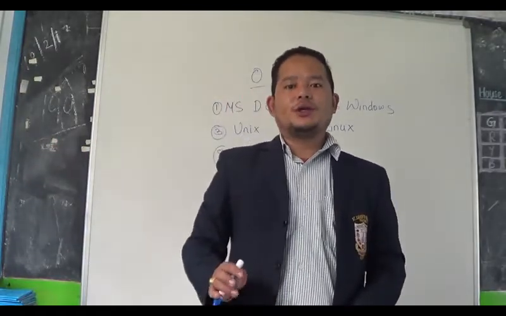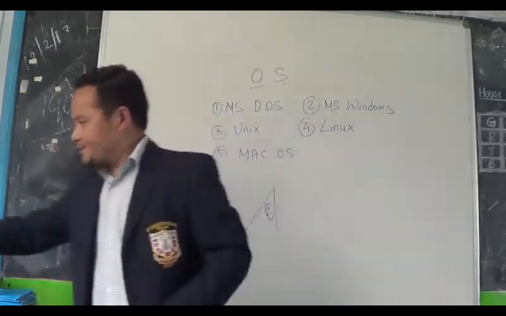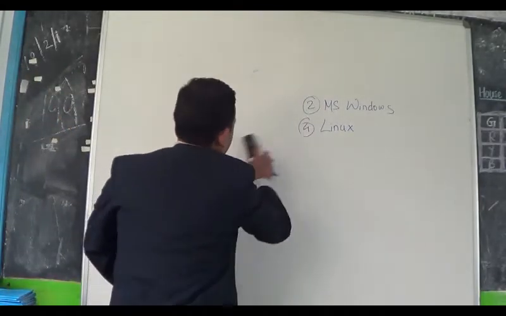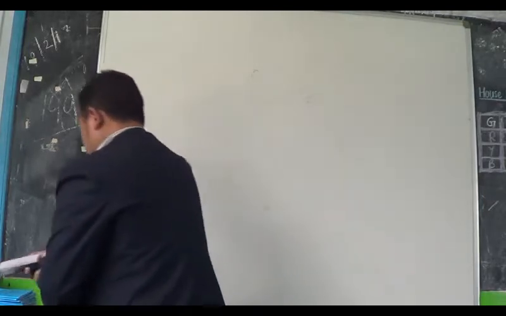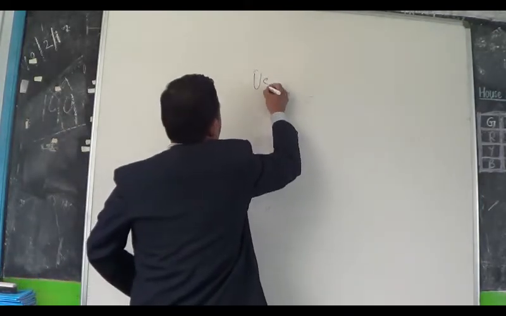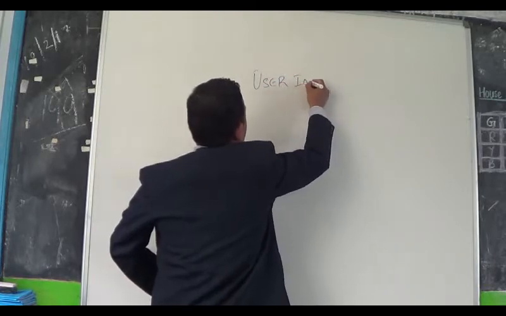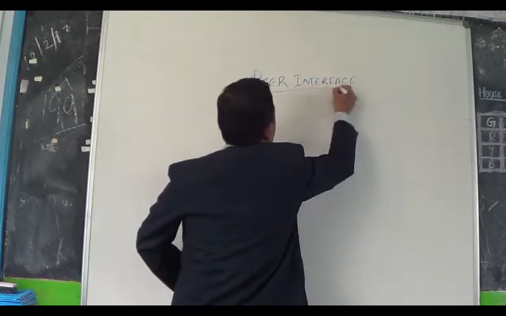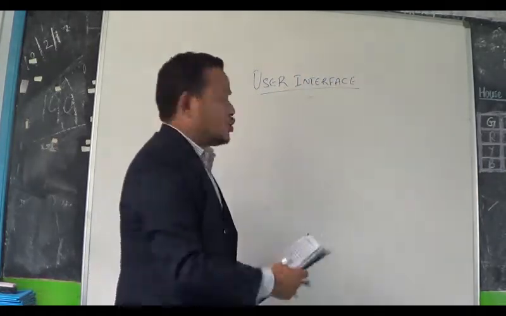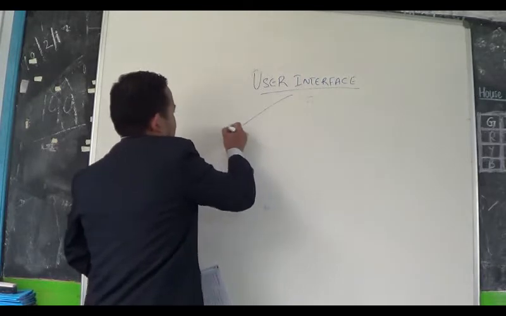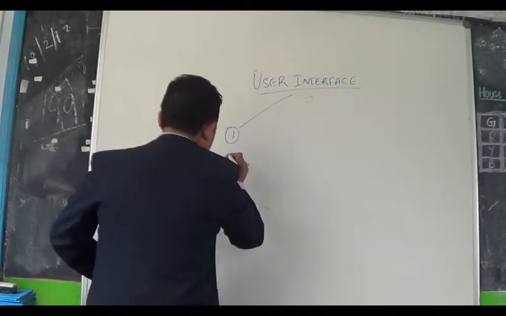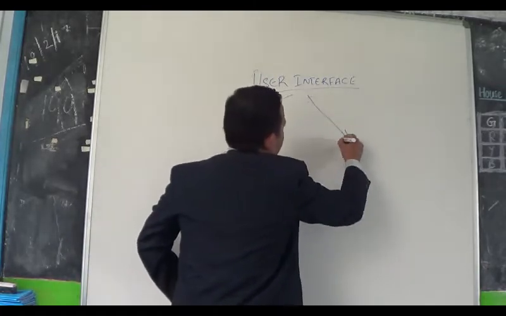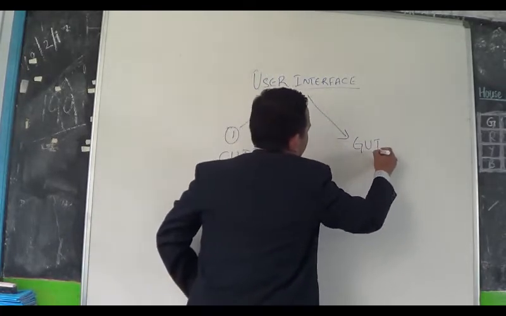In the same way, a user interface is of two types. Number 1 is known as CUI and number 2 is GUI.